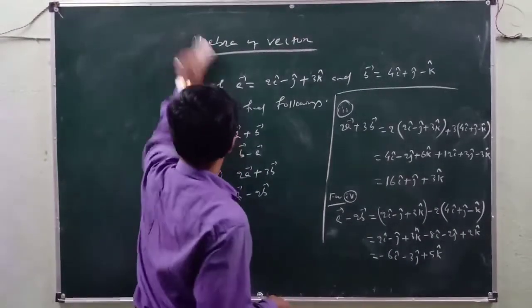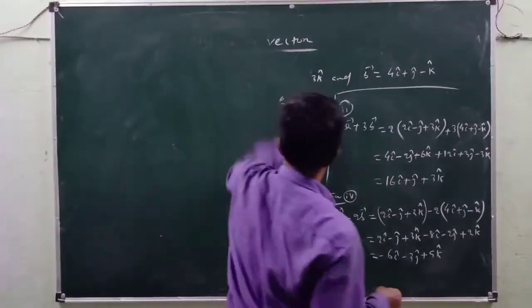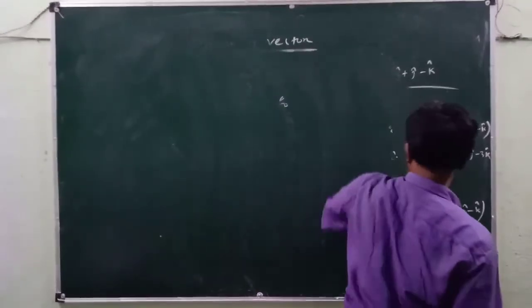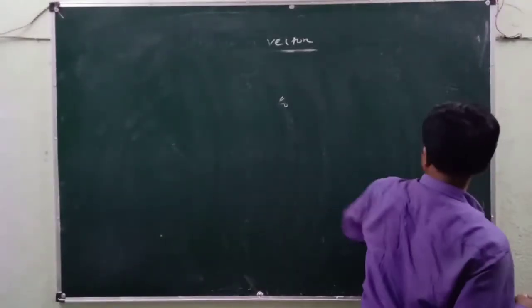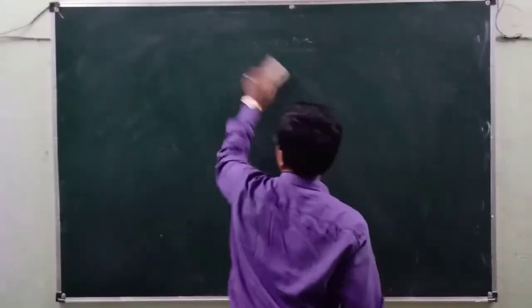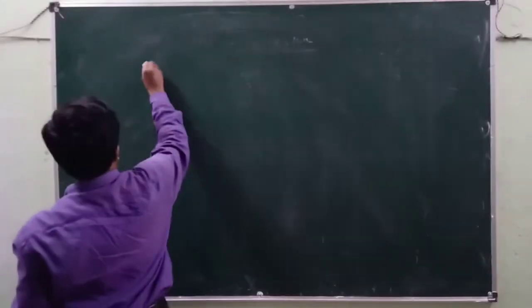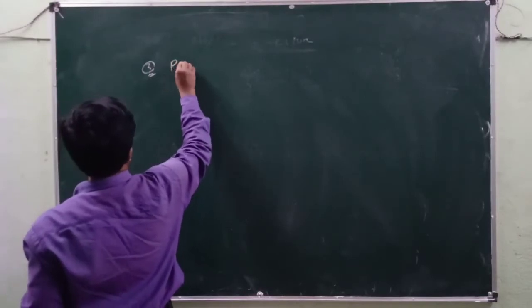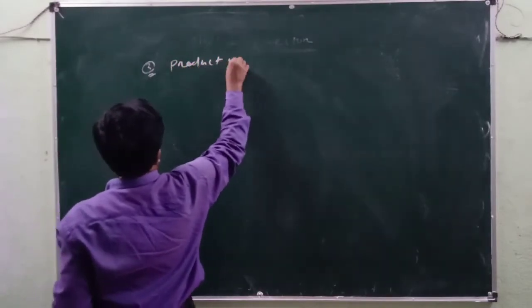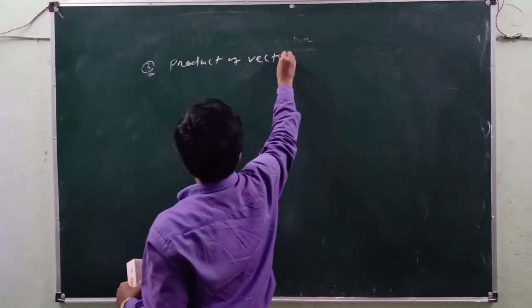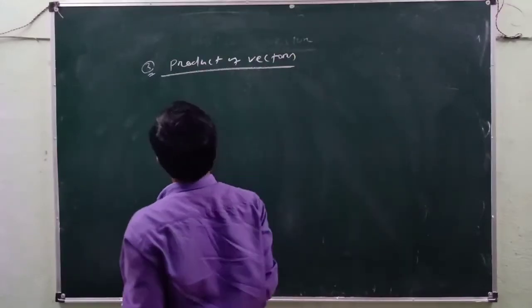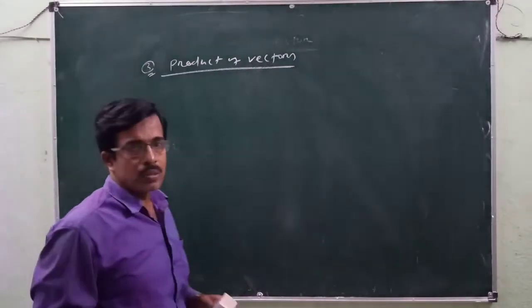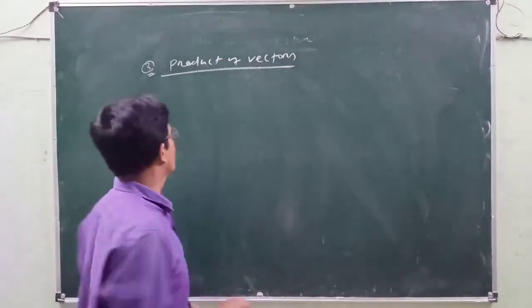Now comes the next case, that means product of vectors. In algebra of vectors, number 3, product of vectors. The product of vectors is of two types.